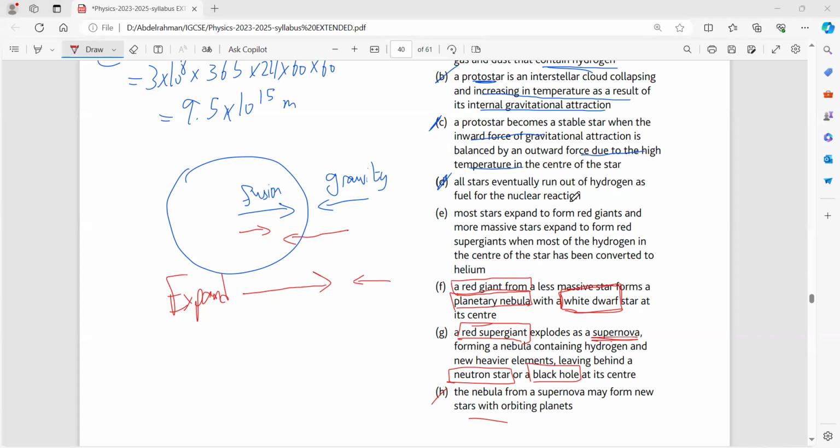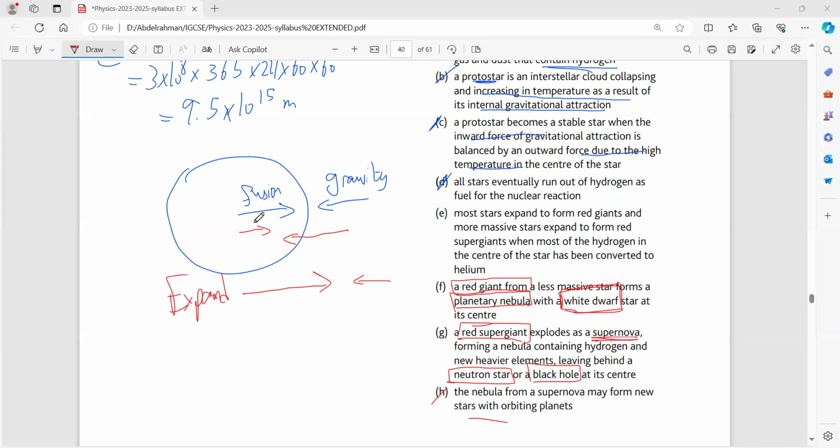I have a question: when it expands, it's because it loses hydrogen inside the star, right? Why does it expand? Because it runs out of hydrogen. So it starts to fuse helium.